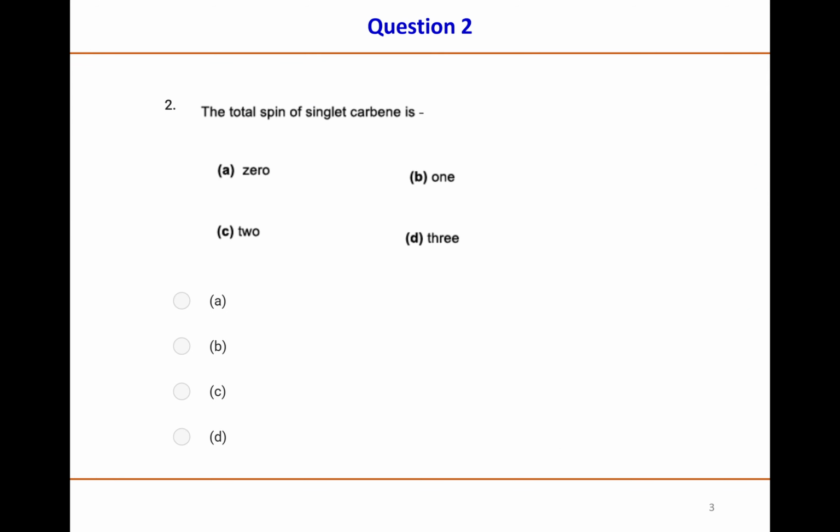The total spin of the singlet carbene is. So as we have discussed, what is singlet carbene? This way, right? What is triplet carbene? This way. So in short, in singlet carbene, both the electrons are present in the same orbital in opposite spin. Because all of you know the basic rule, in the same orbital the same spin is not possible, right?